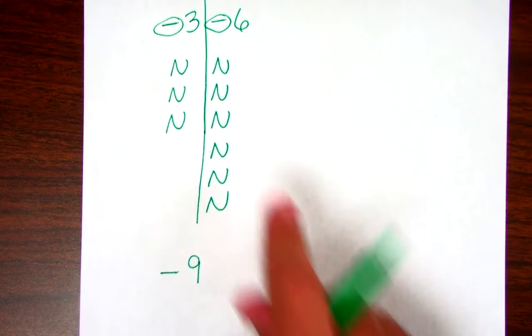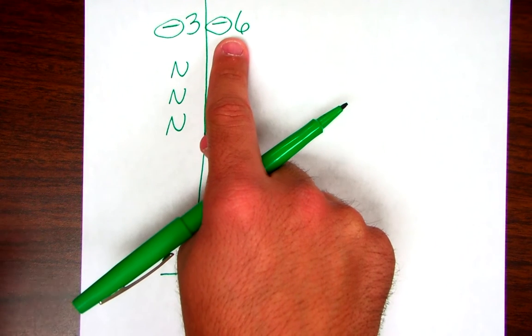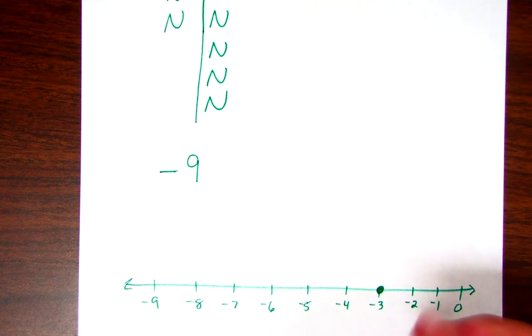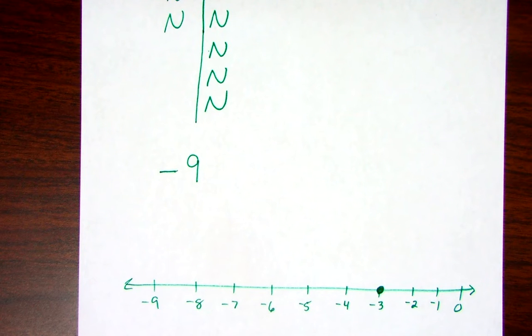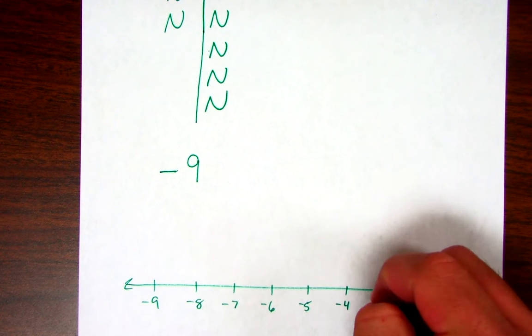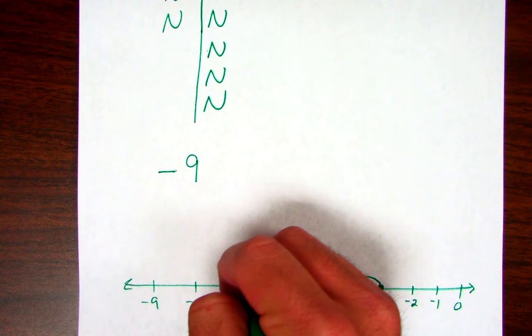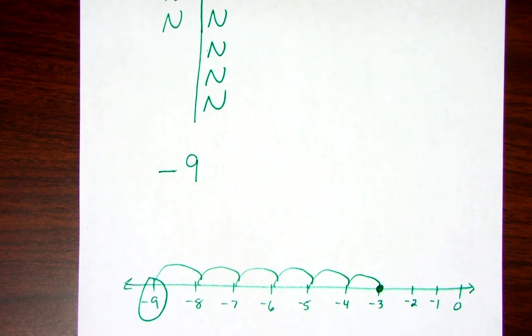But then it told me to go into the negative direction, which is to the left of 0, 6 more times. So from here, I'm going to go in the negative direction, going to the left, 6 more times. Let's see where we end up. 1, 2, 3, 4, 5, 6. Oh, look where we ended up at. -9. Let's see if we can do one more example here.